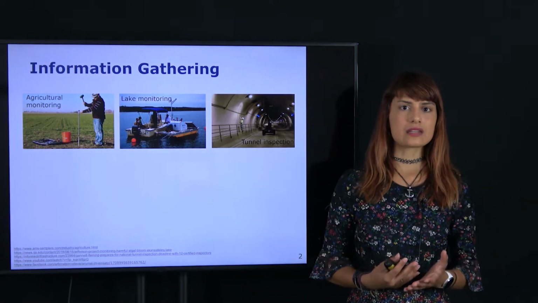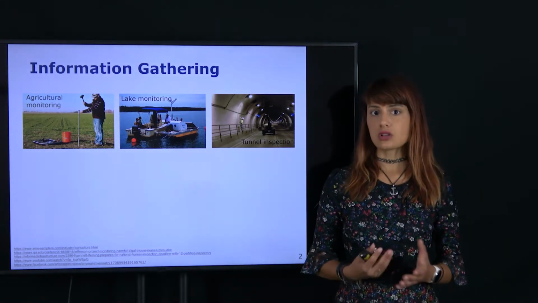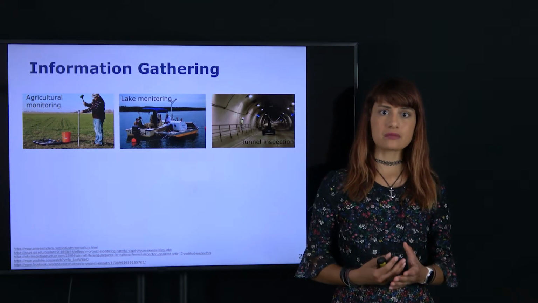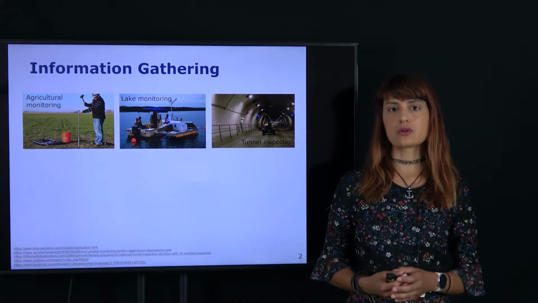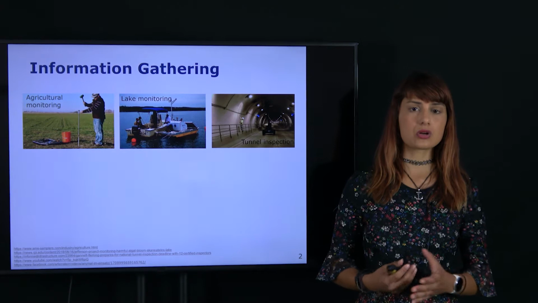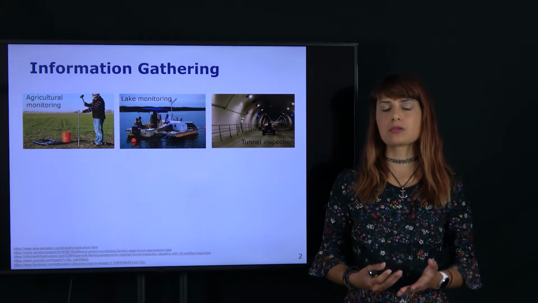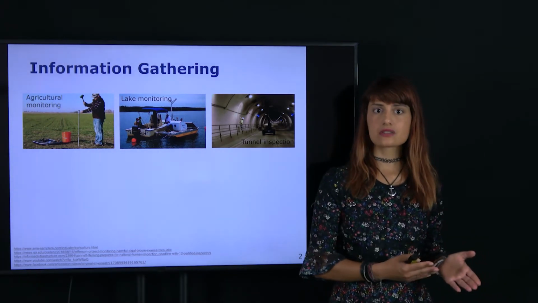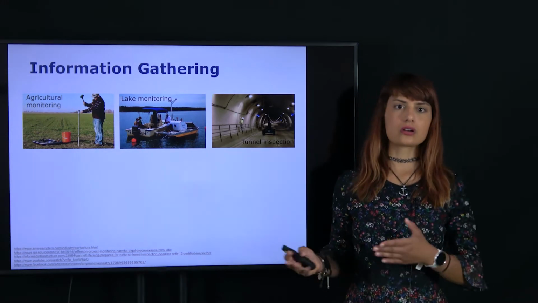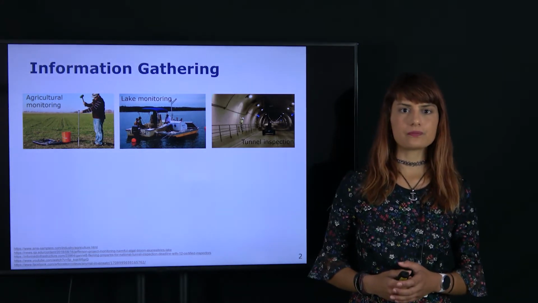Often information gathering scenarios, especially in large environments, can be very cumbersome. They take up a lot of time, and they're also very expensive due to the labor costs involved. Some examples are placing static sensors using manual sampling or conventional manned aircraft.